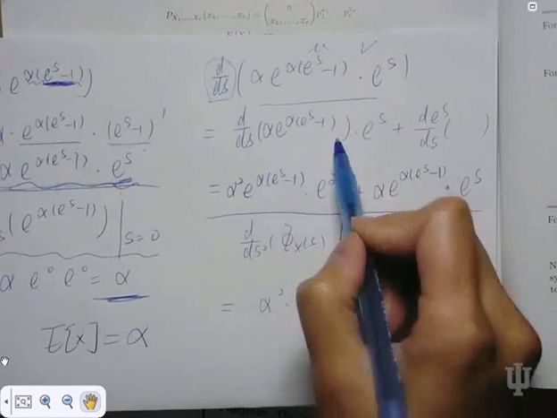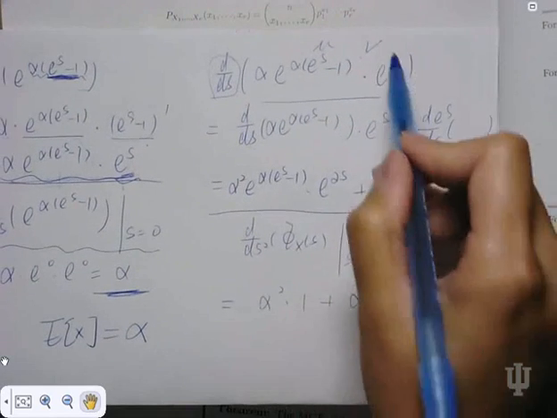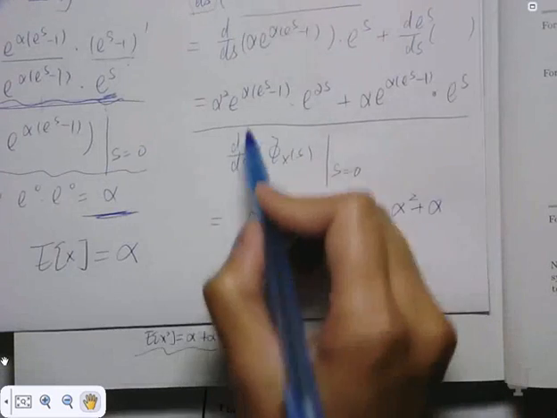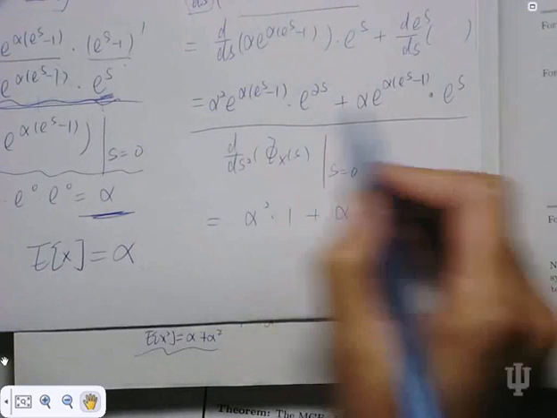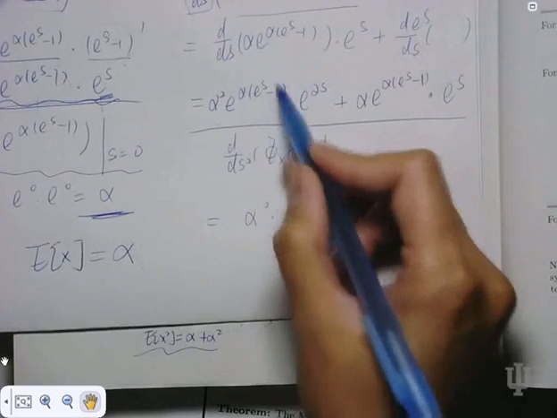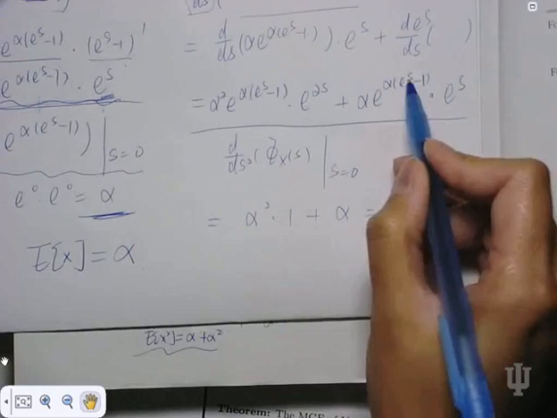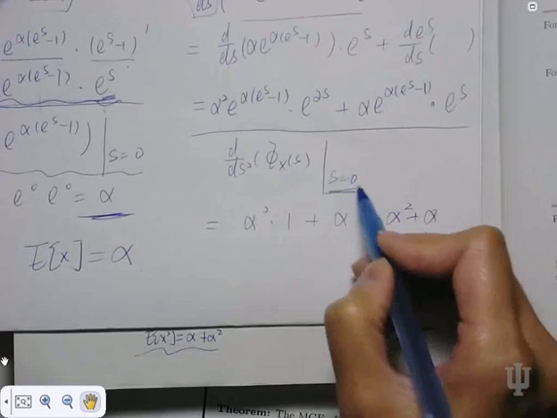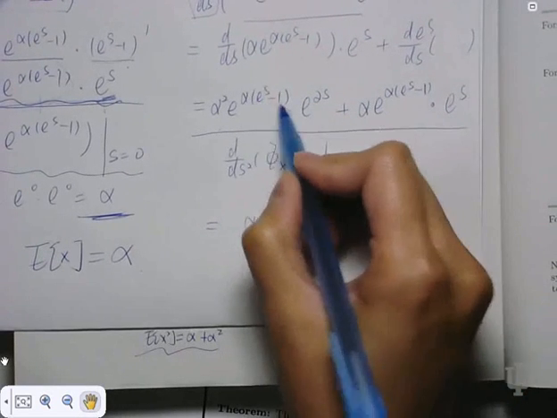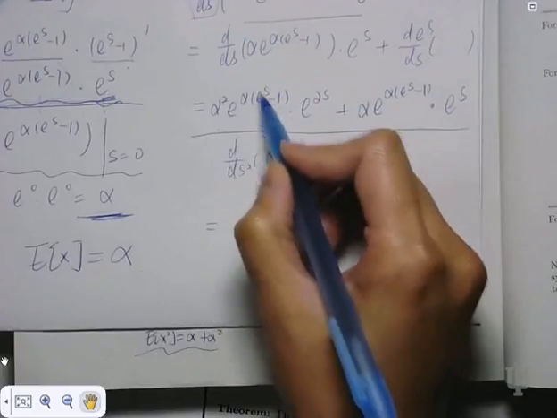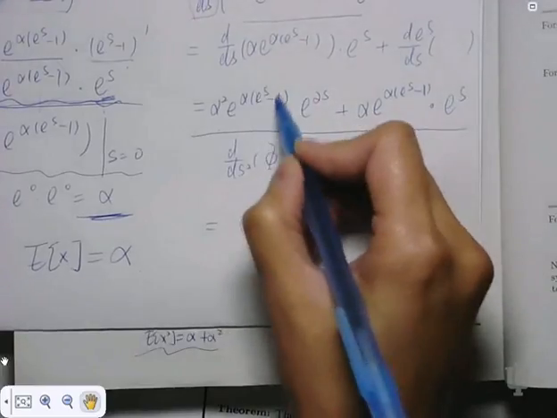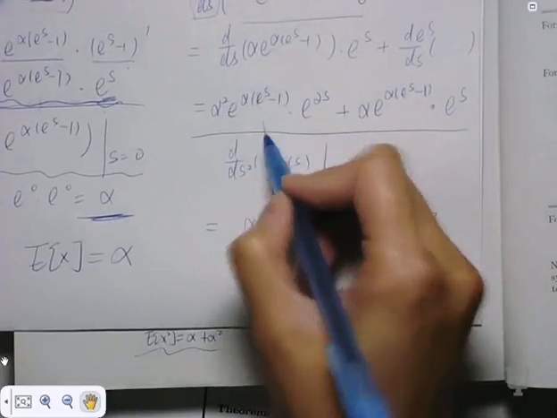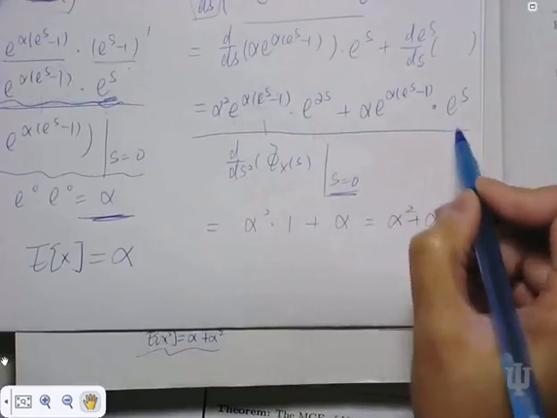So derivative of this times this, derivative of this times this. Then it will give me this, and all the e to something. It's very nice when I substitute s with 0: this gives me 1, 1 minus 1 is 0, and this is 1, this is 1.